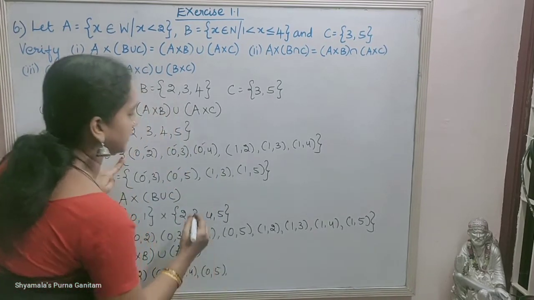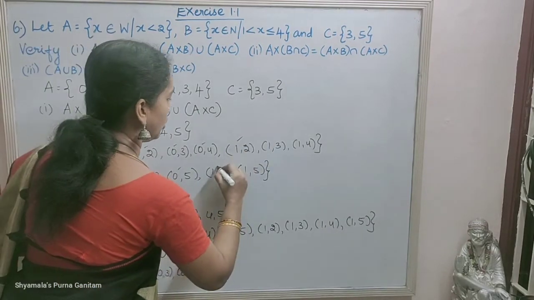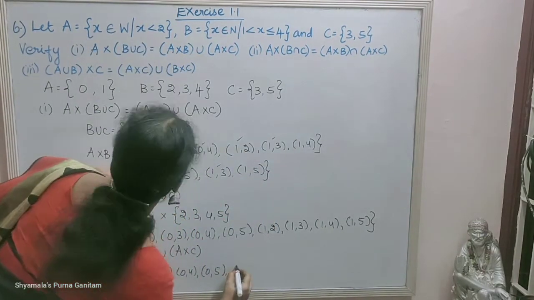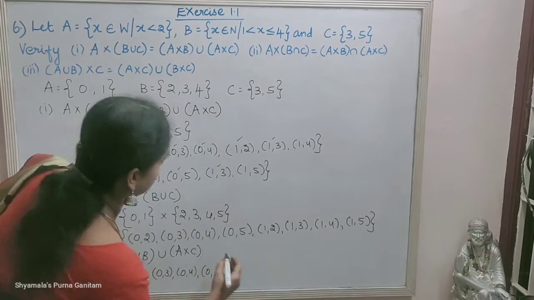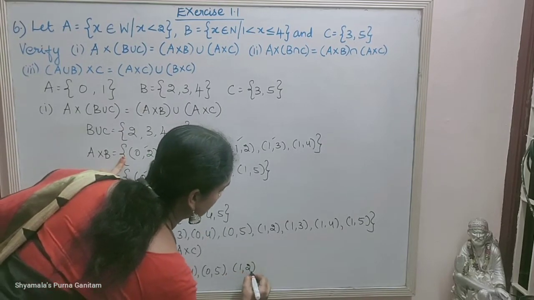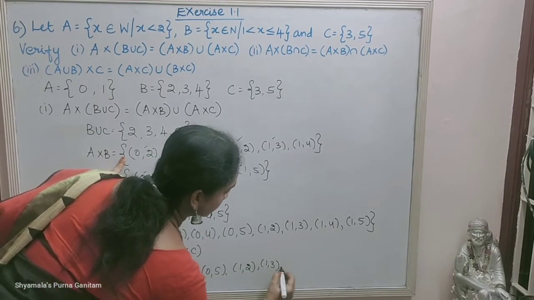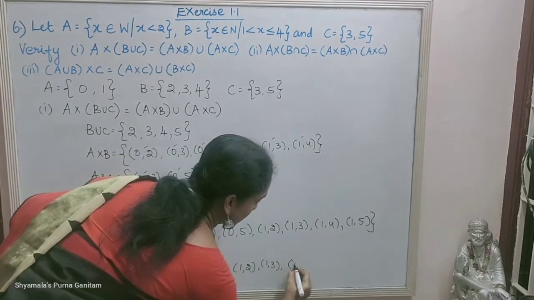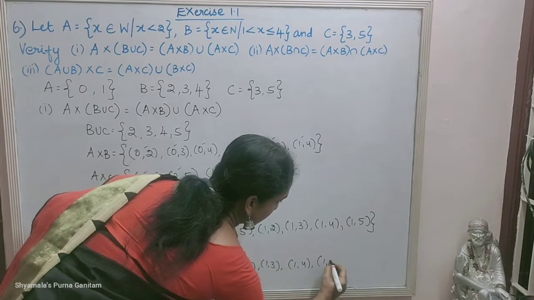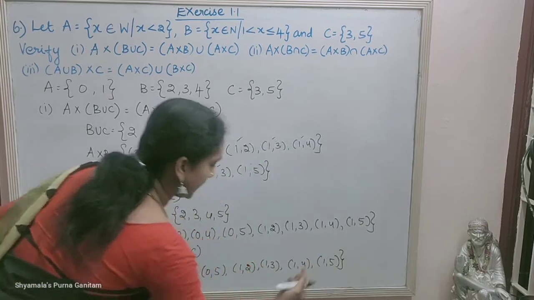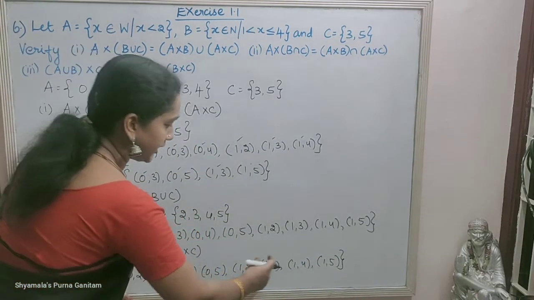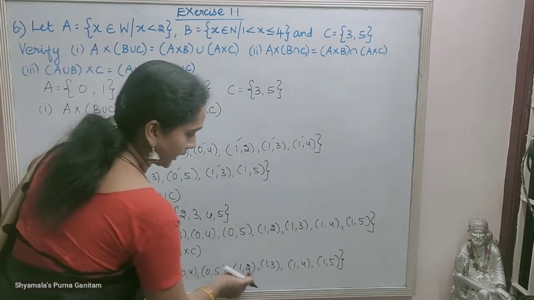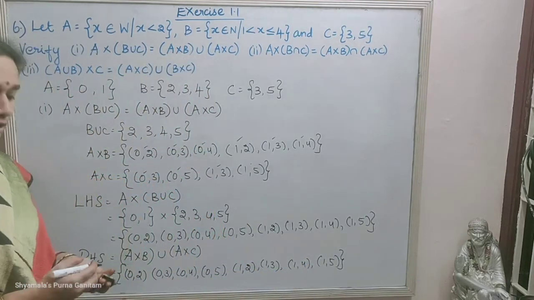Then (1, 2) and (1, 3), which is common, written once, then (1, 4) and (1, 5). We got 8 elements here.